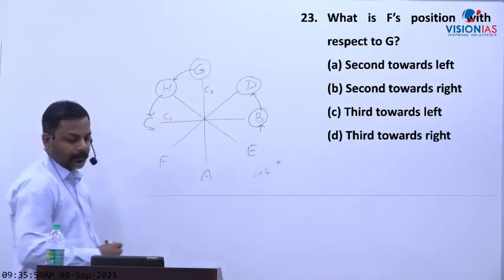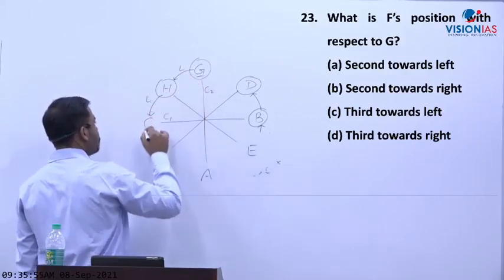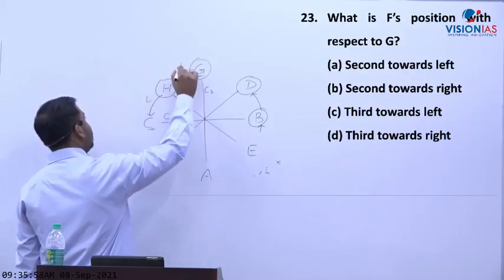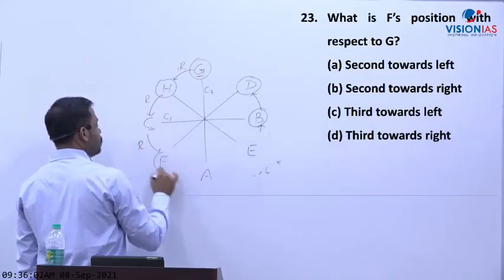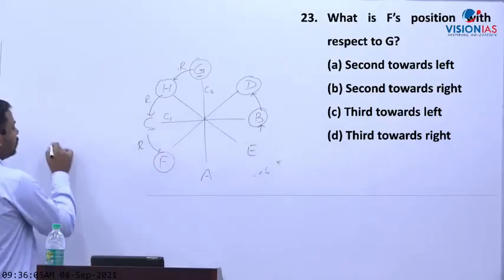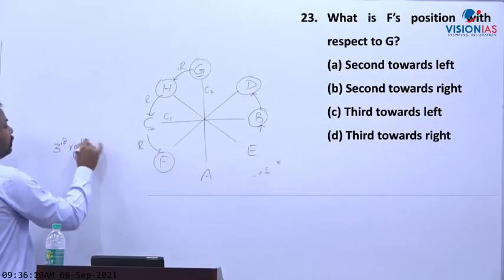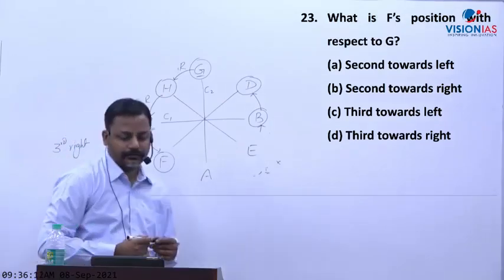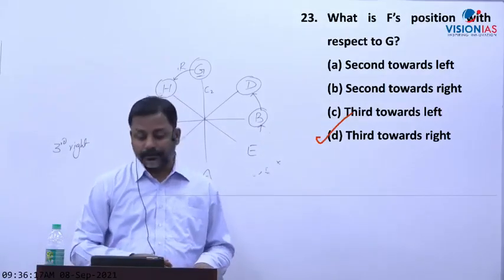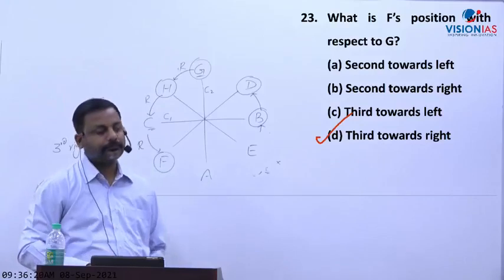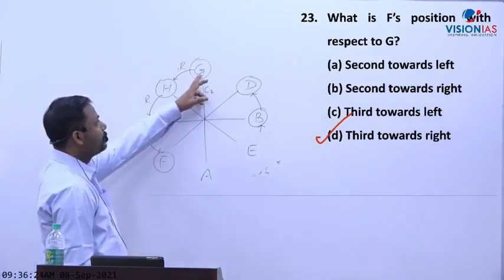Yes. What is F's position with respect to G? So first left, first right, second right, and third right. So we can say that F is third to the right of G. So the answer will be option D, third towards right.